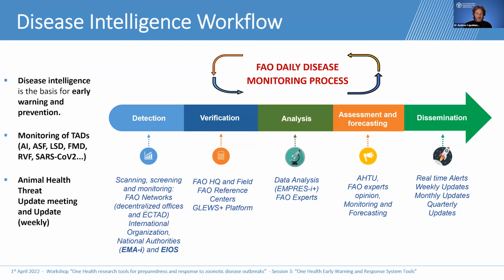This information comes either from decentralized offices or other international organizations, but we also use disease intelligence tools that have been developed by other organizations like EIOS from WHO. This information is then verified at the headquarter level, at the central level, and then goes through an analysis process and is used wherever necessary and possible for assessment and forecasting.